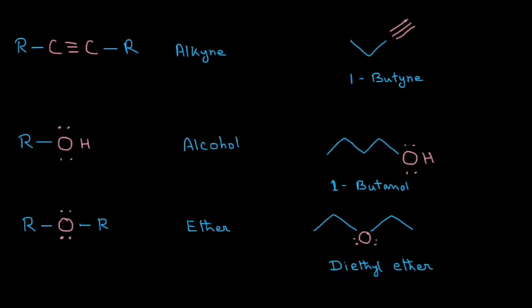Next, triple bond is alkyne. Our example is 1-butyne. Our OH, that is alcohol. Our example is 1-butanol. O, that is ether. Our example is diethyl ether.